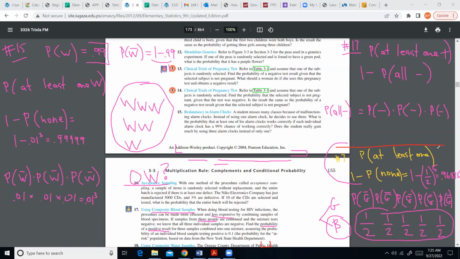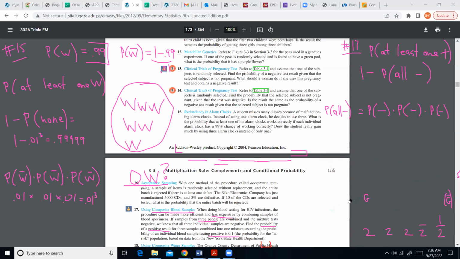And you see the same footsteps as the previous exercise. So they give you the probability of positive. Let me get a little bit of room for this. The probability of positive is 0.1 or 10%. Let me write this down. The probability of positive is 0.1, and I need the probability of negative, so that's its complement.